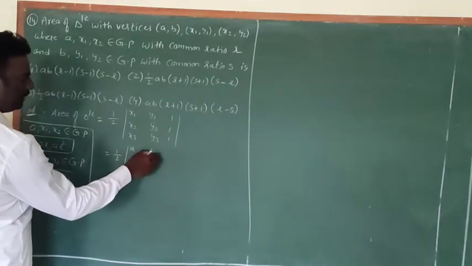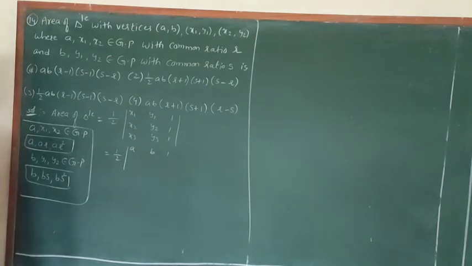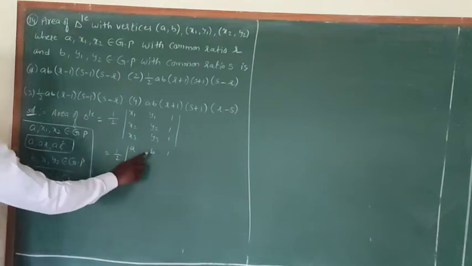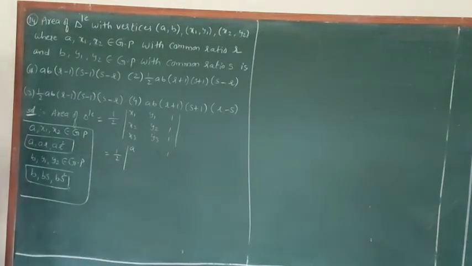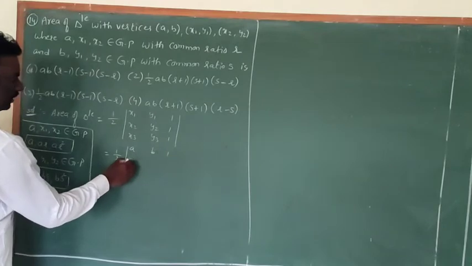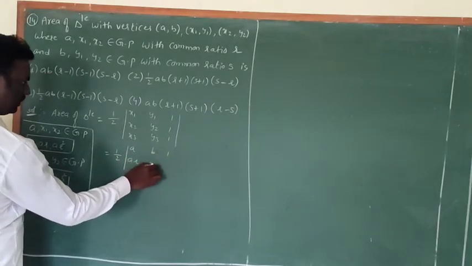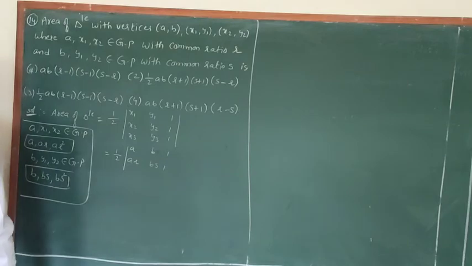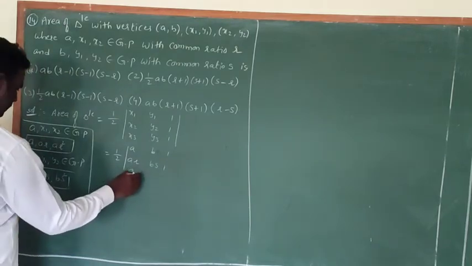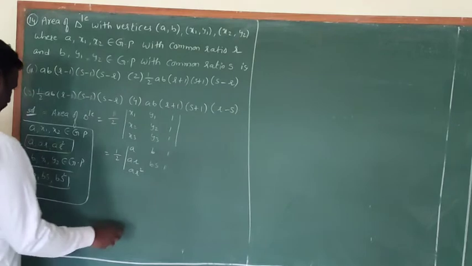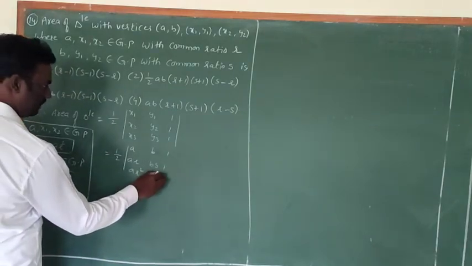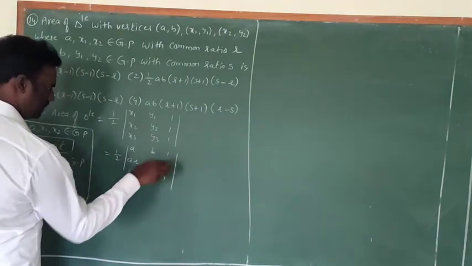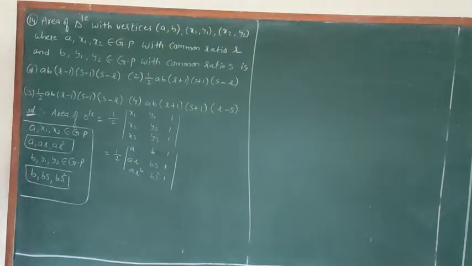Now you can write area of A1 y1 is nothing but area of AB1, AR, BS 1, AR square, BS square 1. This is the area of the triangle.